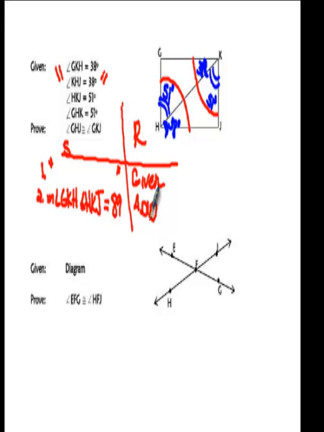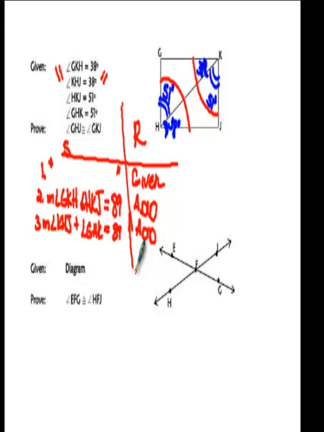And then I can also see, if I add up the other angles, the measure of angle KHJ plus the measure of angle GHK also equals 89 degrees. And again, that's by addition. It's because I'm adding those two values up. Well, when I add those two values up, I see that I get what?